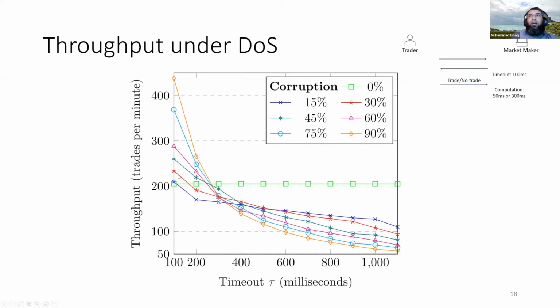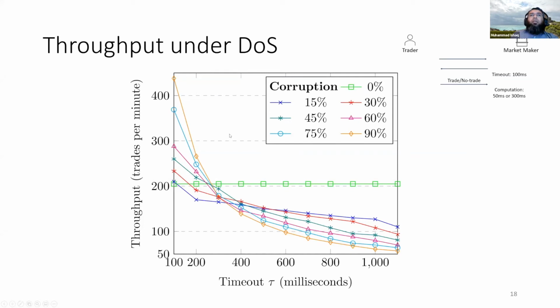So this is not an anomaly, because remember, if the last message was trade, that would be expensive for the market maker to compute. And in our experiments, the honest traders always say trade. They never say no trade.